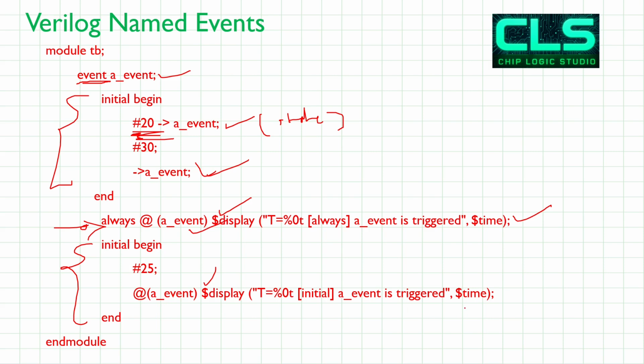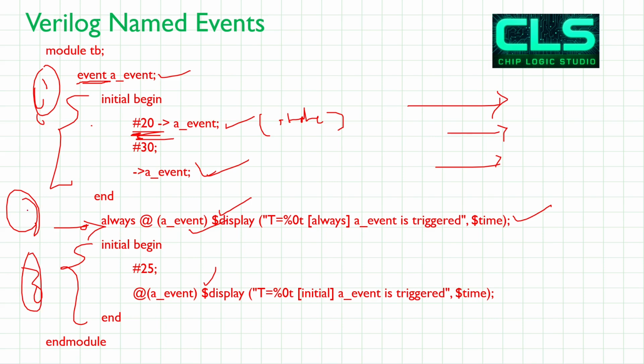Now the third thing is this example of three different blocks working parallelly. One thread is there, two threads are there, and a third thread is there. These three threads are working simultaneously in parallel, and every time the event is triggered.